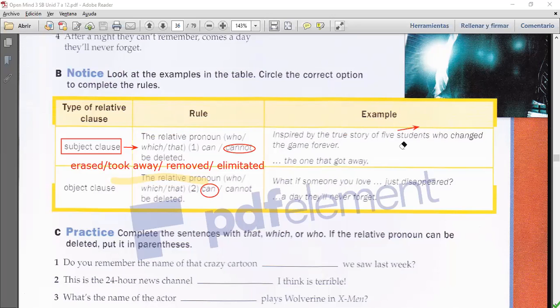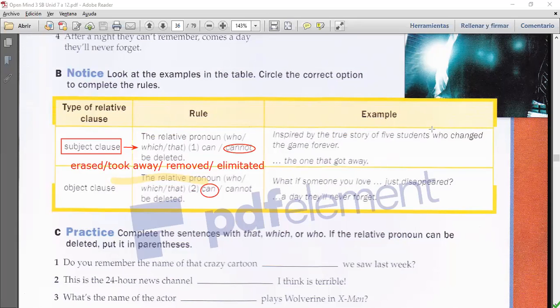Okay, thank you, Paola. What is the relative pronoun, Paola? What is the subject? Subject relative clause. Relative pronoun as a subject.